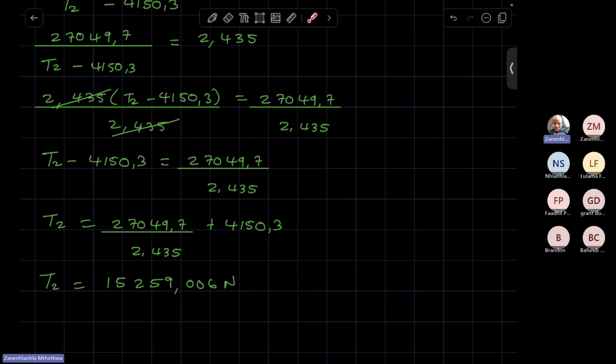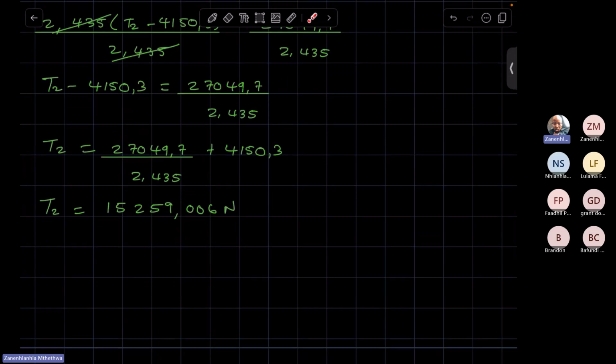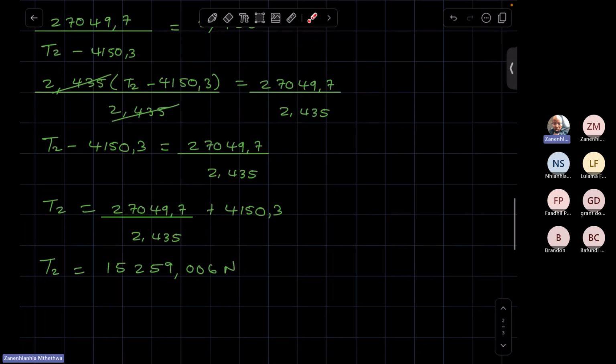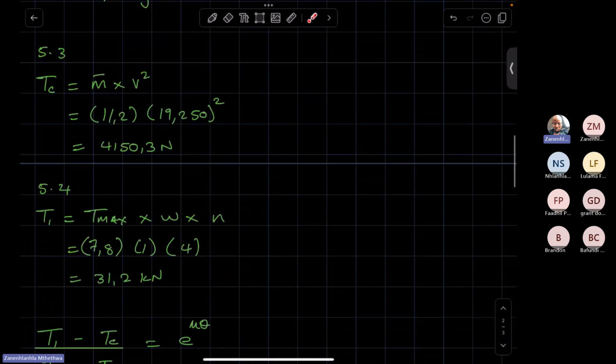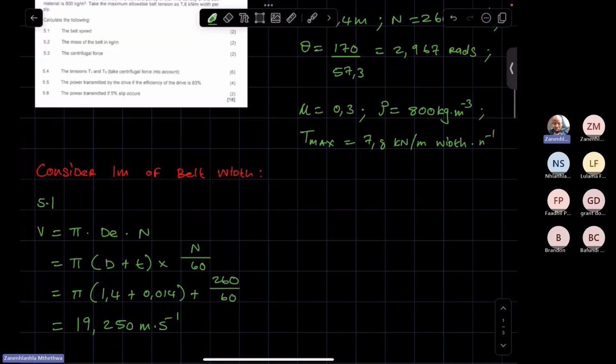What matters is doing the right thing mathematically. As long as you do that, whether or not our answers are the same doesn't really matter. But you should more or less get something like this. So we have T1, T2, and TC. So let's look at what they want us to do next.